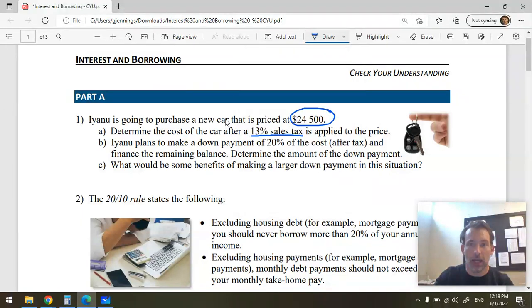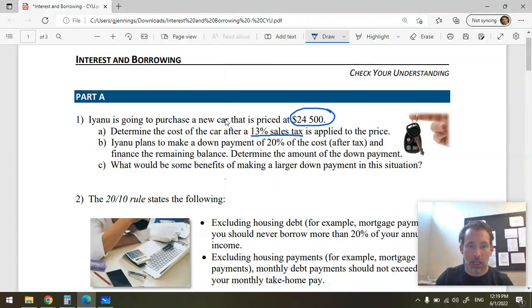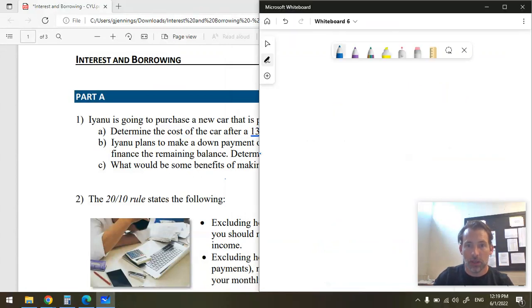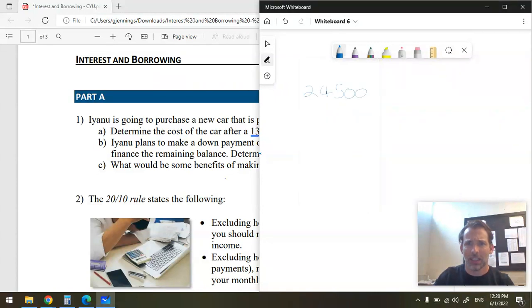So in order to do that, we're going to create an expression that looks like this. 24,500 multiplied by 0.13 is going to give us the amount of tax that we have to pay.